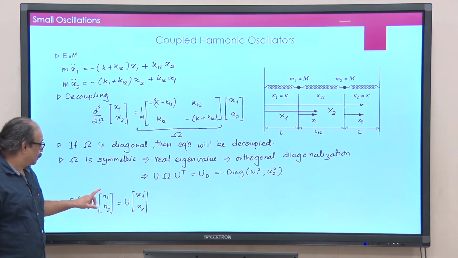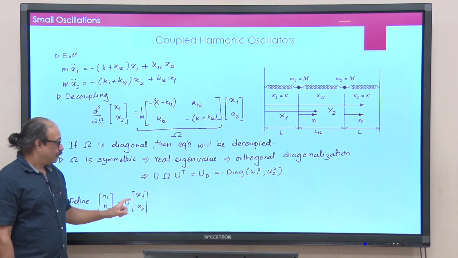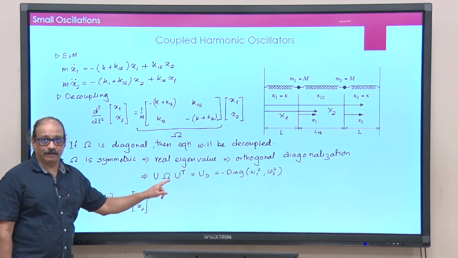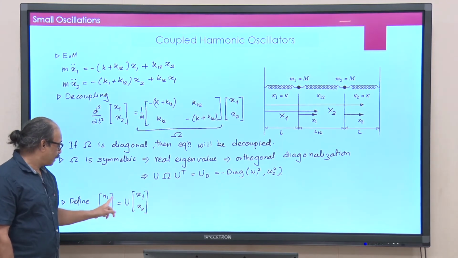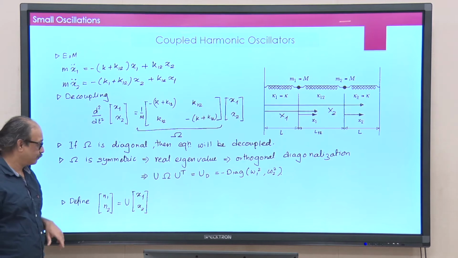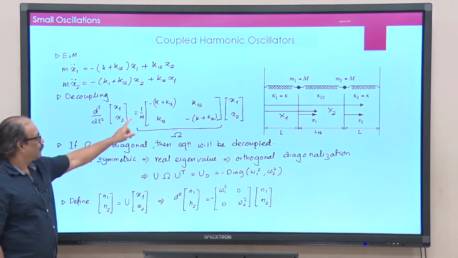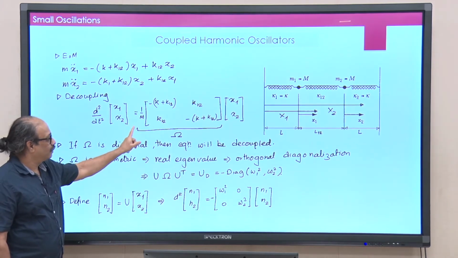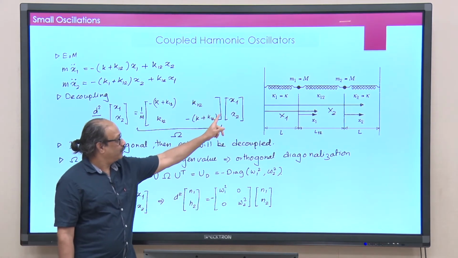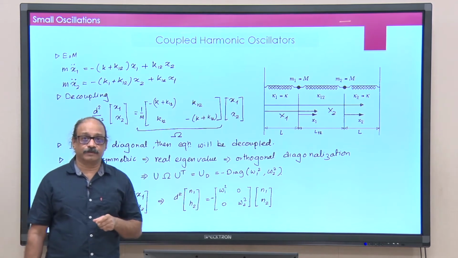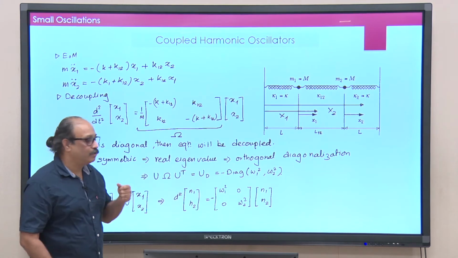then of course I can do something like this. Let me define two new coordinates eta 1 and eta 2. I have already found U which diagonalizes the omega matrix. Use the same U matrix here and define this new eta 1 eta 2, and now you go back to this equation, multiply on this side both sides by U matrix, and in between this you insert U transpose U, because U is orthogonal we already know that U transpose U is identity.